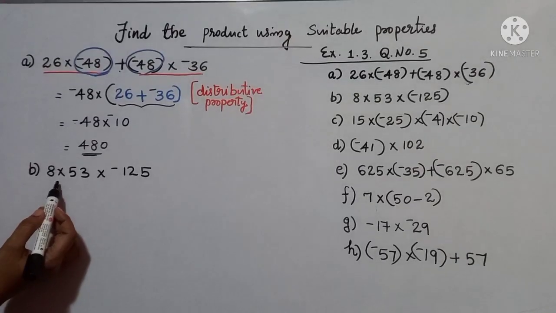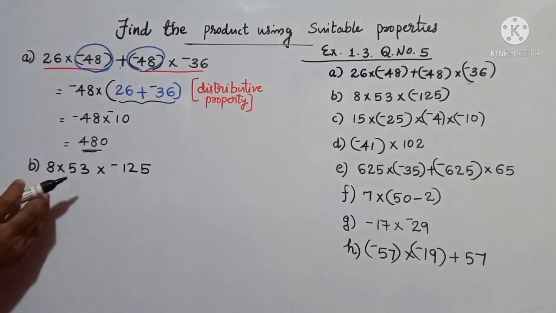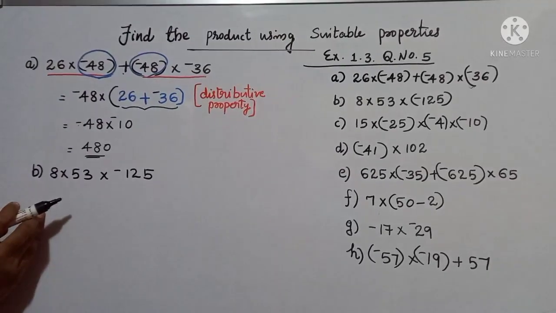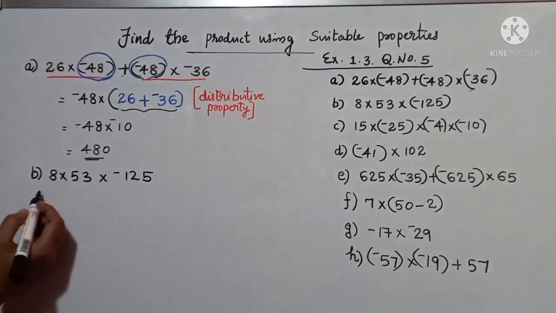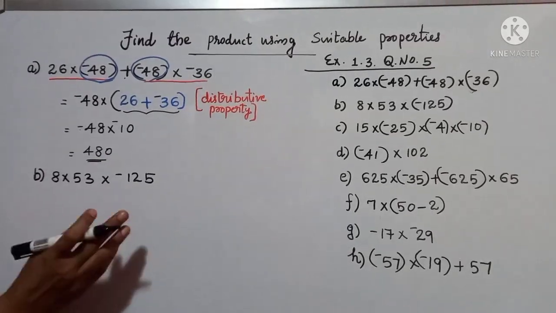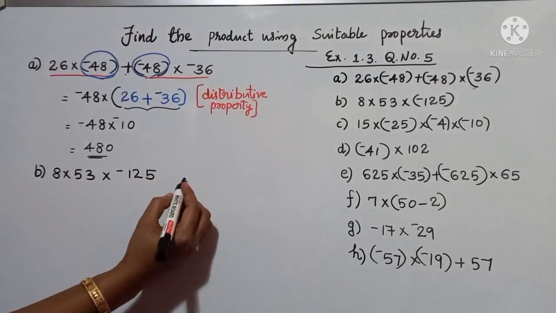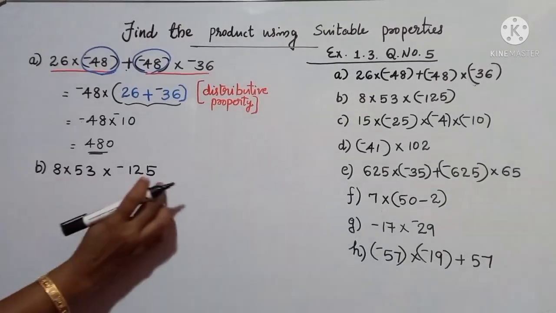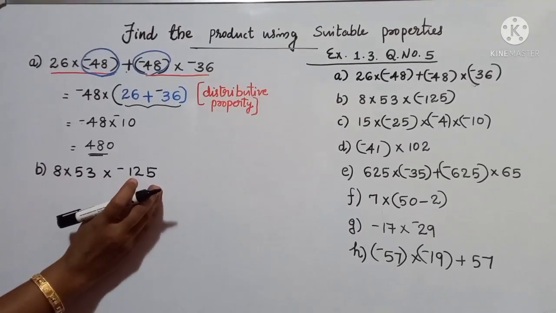Then the second question is 8 into 53 into minus 125. Here we cannot apply the distributive property because there is only one term, into, here. So we have to think about another property. We know three numbers are there. We change the order to make it easier.